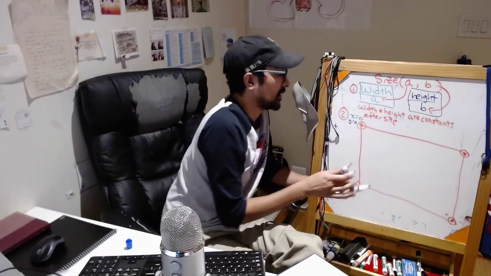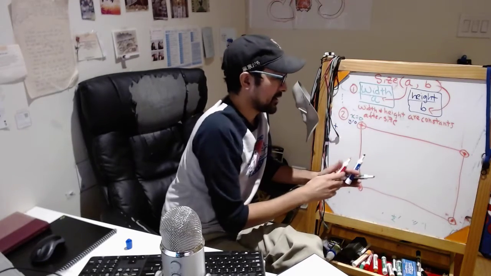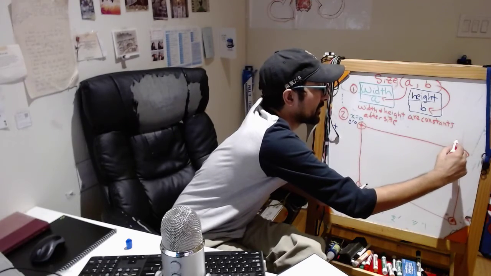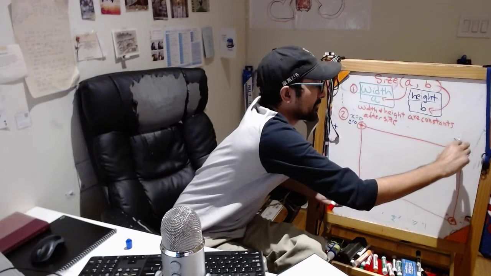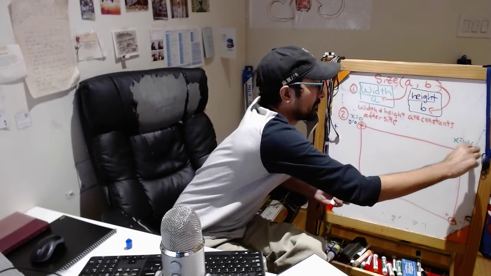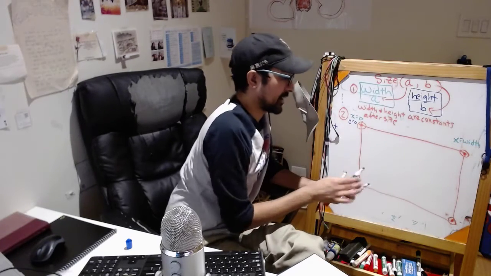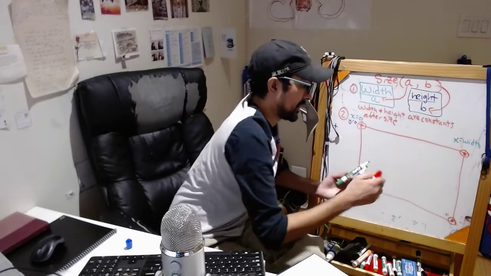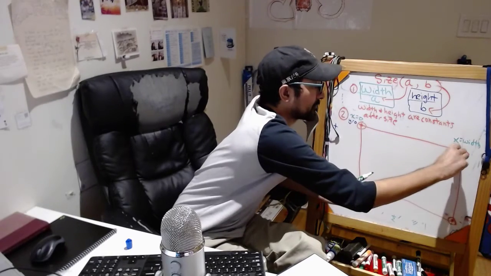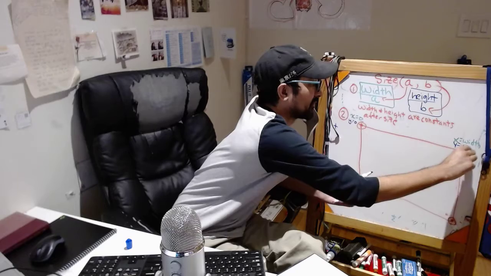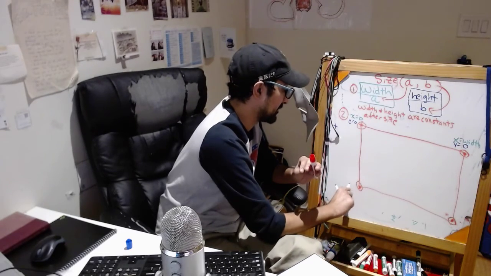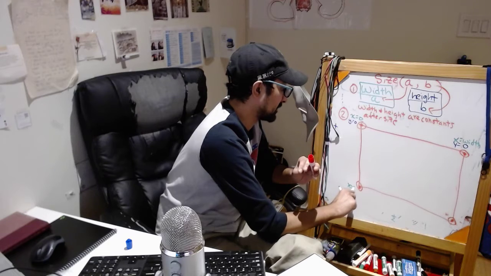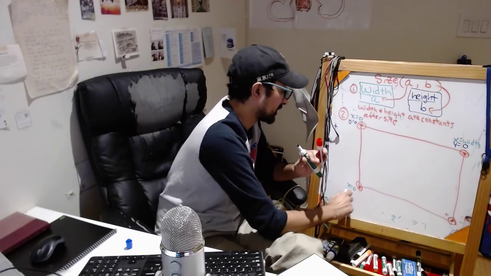But over here, when you get to the very end, we're going to have x equals width, and y equals 0. And then down here, we're going to have x equals 0, y equals height.